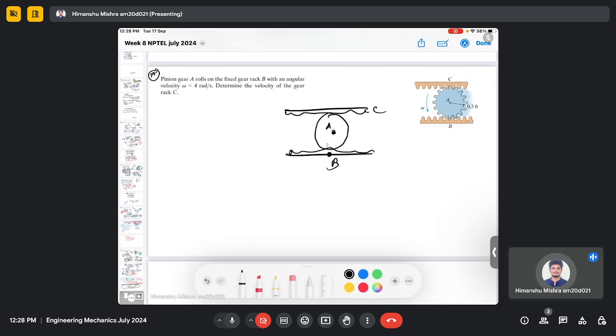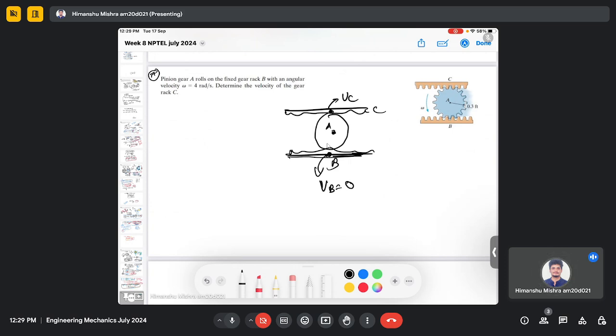And we have been given the angular velocity of this component A. So we need to find the velocity VC, and we are given that this is fixed. So the bottom gear is fixed, which means the velocity of VB equals 0. Right?